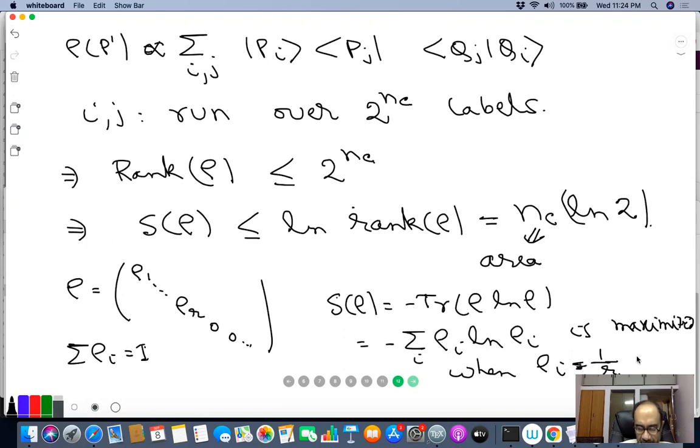Each of the rho i's is 1 over r. In that case, S of rho becomes minus 1 over r log 1 over r, times r, because there are r of them. That's log r. And this is the bound, the log of the rank, and that's what this bound is about.